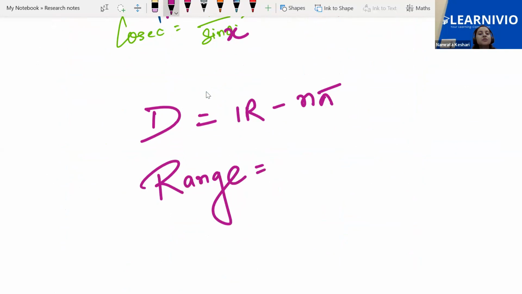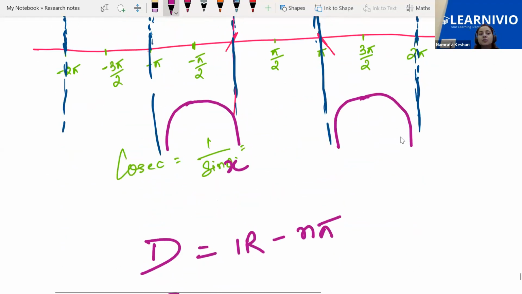And range. This range we will be discussing in detail. Cosec means 1 by sine. साइन का रेंज तो -1 से 1 के बीच में था, तो कोसेक का भी रेंज ऐसे ही कुछ होगा. लेट्स चेक इट विद द कैलकुलेटर. ध्यान से देखो. कोसेक मींस 1 by sine. This sine will always give the output.